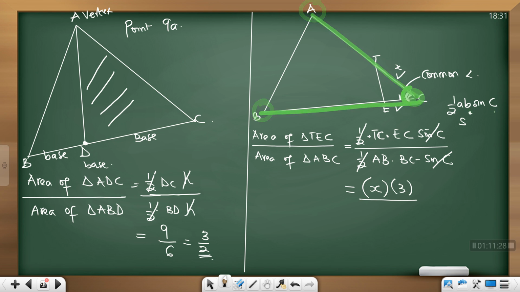Why am I saying AB? No, it's supposed to be AC, not B. Yeah, somebody's raising a hand there. It is half AC, BC. What is my AC? 3x. What is my BC? It's not 6.